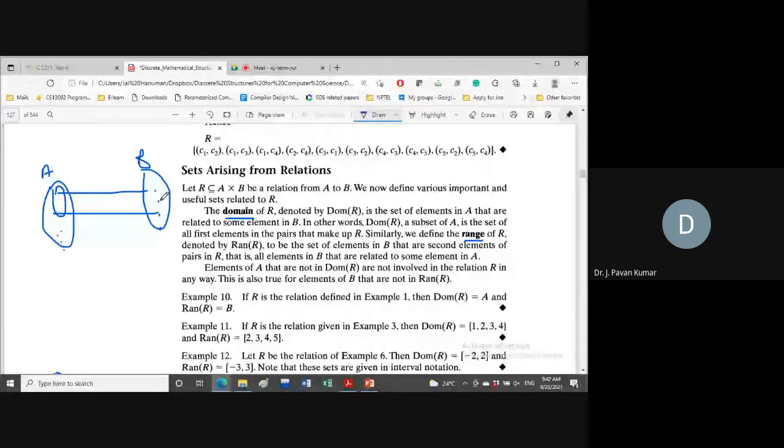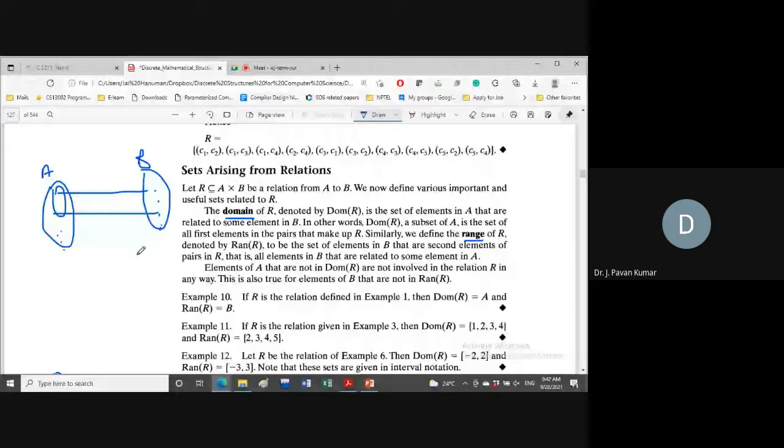Okay, what's the difference between a function and a relation? Can you say? What is the difference between function and relation? I mentioned the same question in the previous class also.